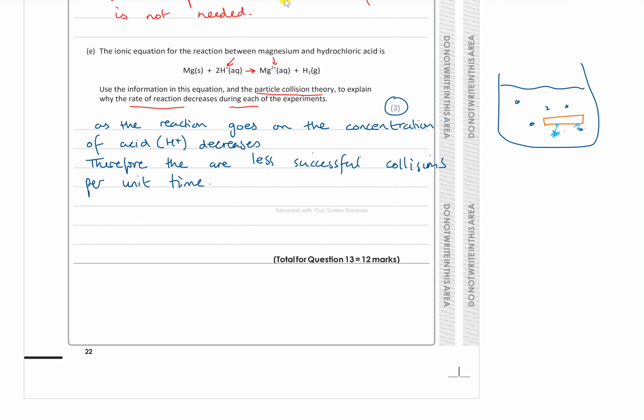Now as these disappear, there's only 2 now, so look, that might go up there, hit that, might make its way down and then hit that. That might go there, and then hit that. So it's taking more time for these two to meet up, successfully collide with the right amount of energy, and then complete the reaction.